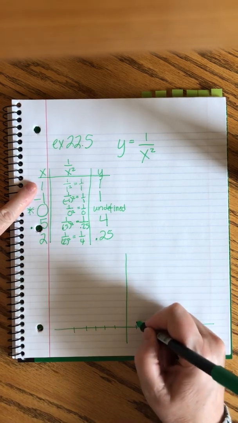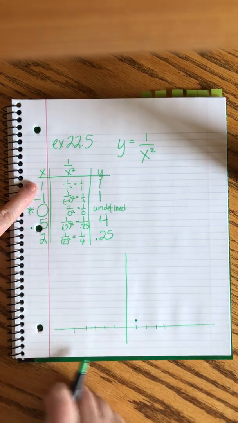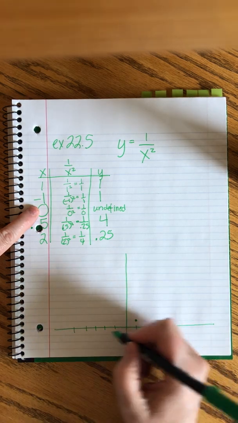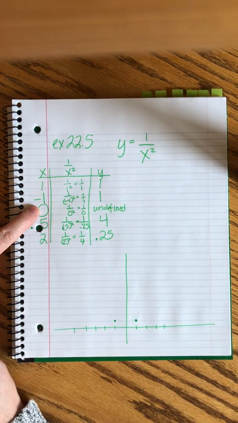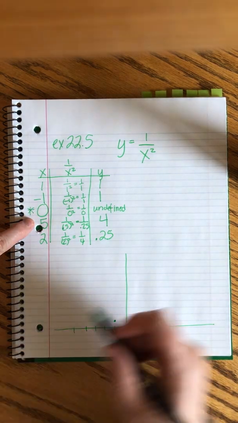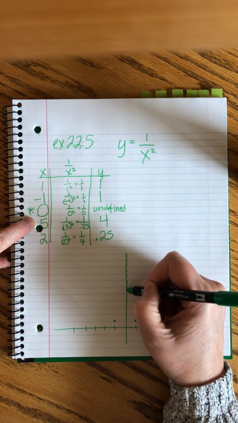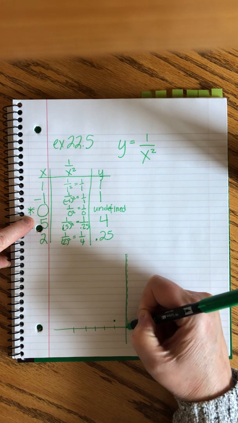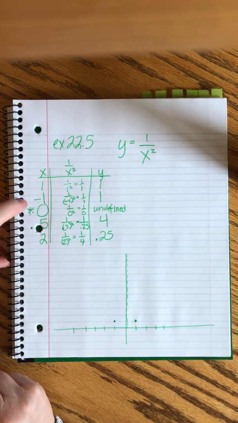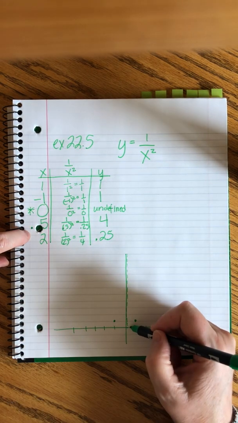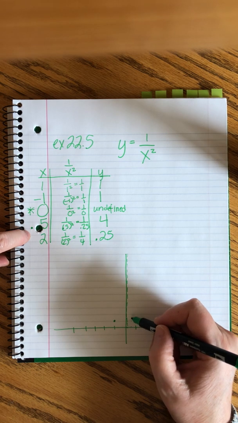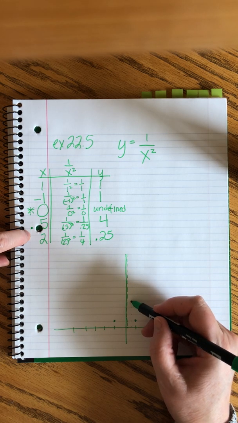The first point is 1, 1. Got it. The second point is minus 1, 1. Got it. 0 undefined. Okay, so we're not allowed to touch this. No bueno. 0.5 goes up to 4. 1, 2, 3, 4.